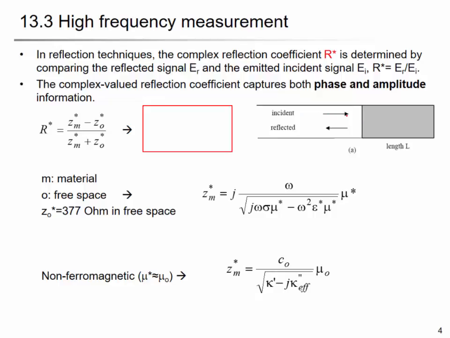So in the reflection technique, the complex reflection coefficient R star is determined by comparing the reflected signal ER and the emitted incident signal EI. And the complex reflection coefficient captures both the phase and amplitude information. So this is the definition of the reflection coefficient, right?